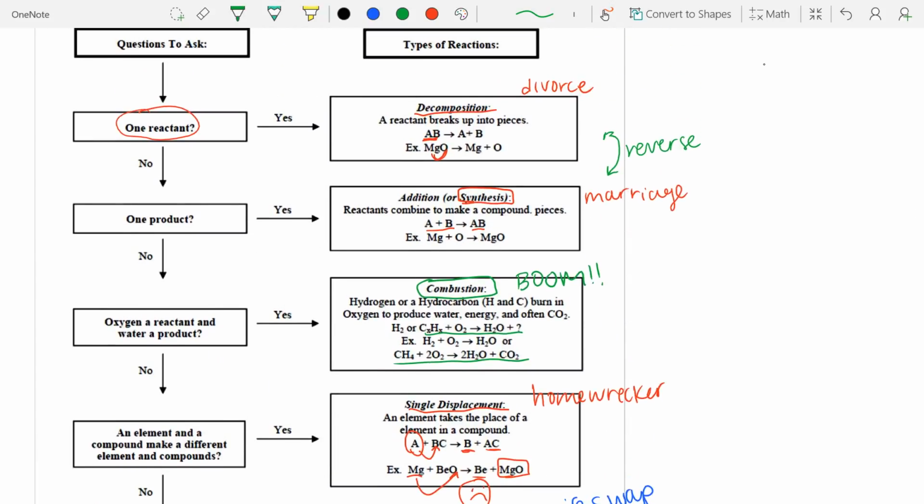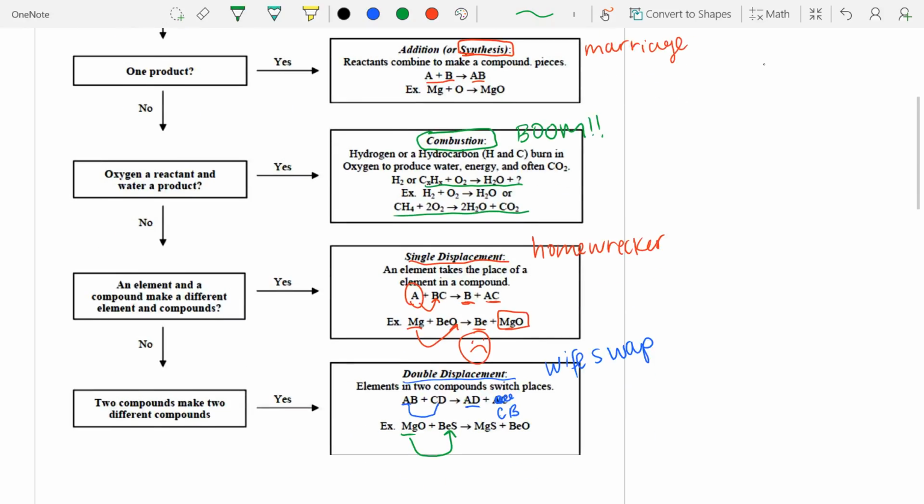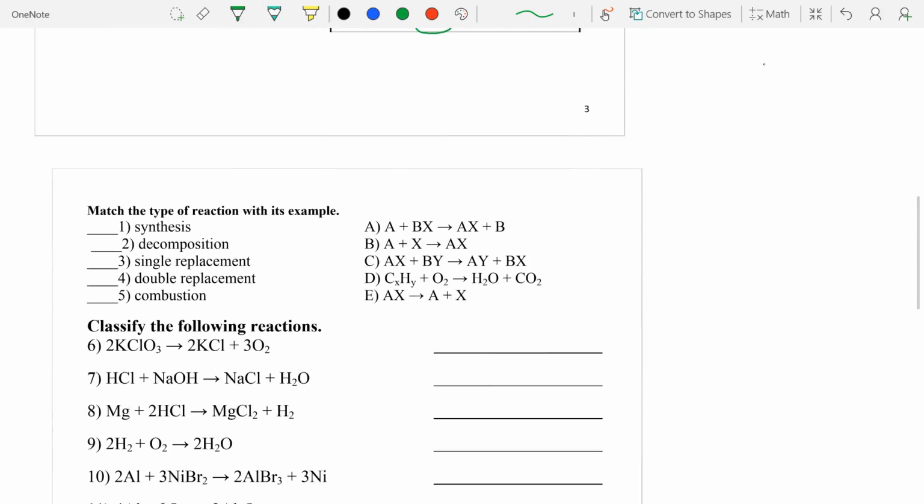Now, you can remember divorce and marriage and homewrecker and wife swap, but that's only going to be useful if you can also remember the scientific term that it goes with. So I highly recommend writing flashcards or something along those lines to help you practice remembering.